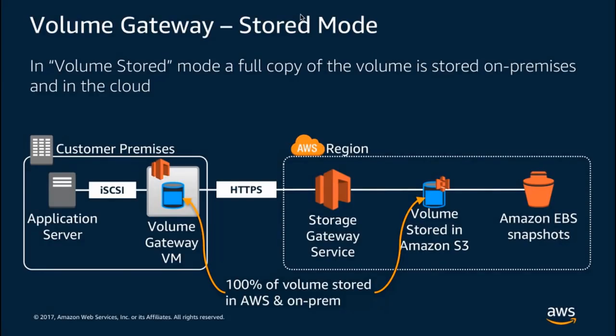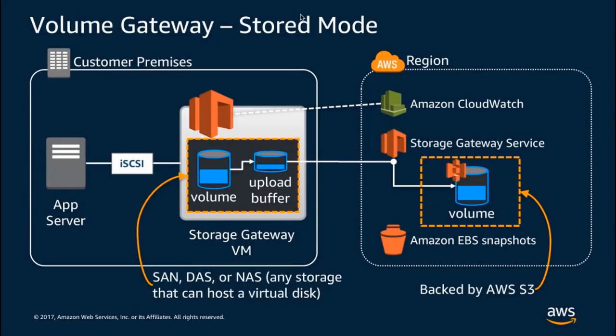It's not predictable. And in this case, you want low latency access to all of that data, so you want it all to live on premises close to your application, where your application can read and write it without needing to fetch data from the cloud. Your volume that you have on-prem is always backed up in AWS, and again, available to you as EBS snapshots.